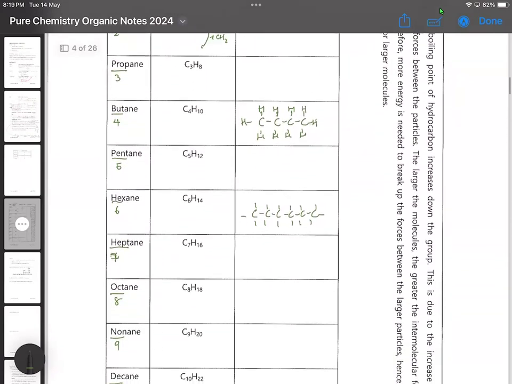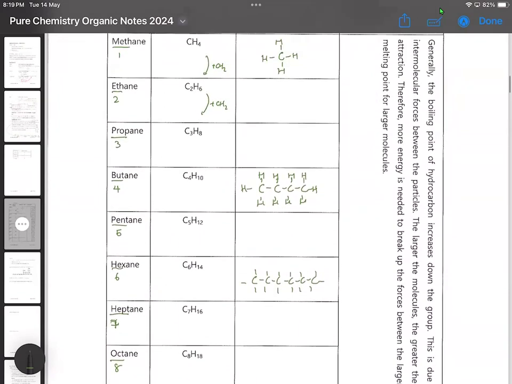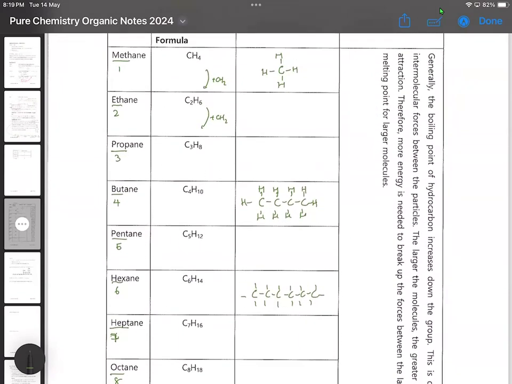So more energy is needed for the larger particles, and hence the melting point or boiling point is higher. So this means that the more carbon you have, the larger the molecule. The larger the molecule, the stronger the intermolecular forces, the higher the melting and boiling point required.